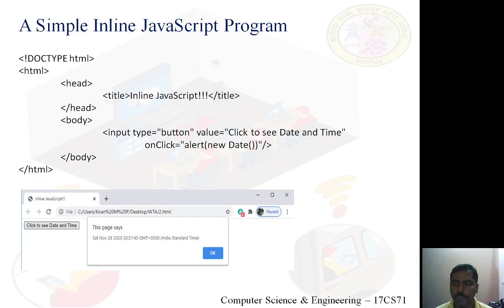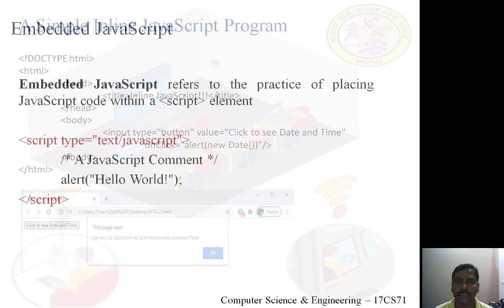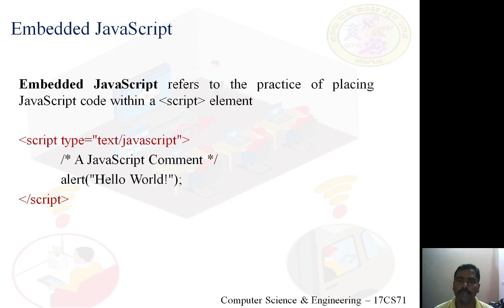Now, let me proceed to the second location where we are going to write our JavaScript. This is embedded. Like HTML elements such as body, title, and head, we have a special HTML element known as script. Got it?